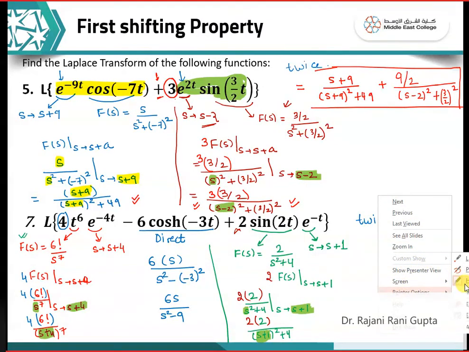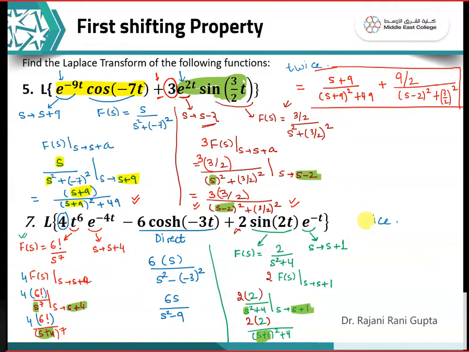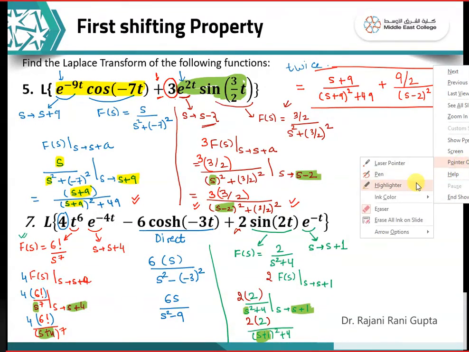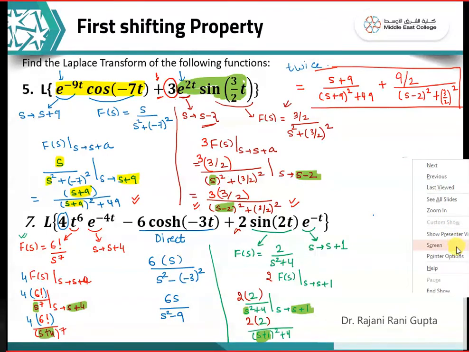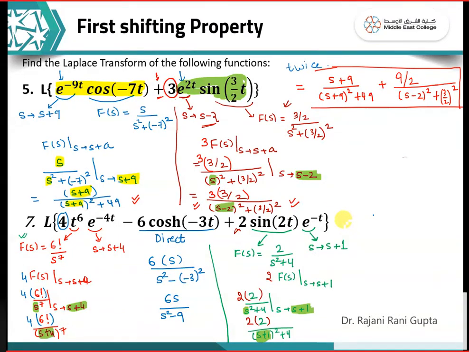Okay. So now we have the answer for each term. So let's write the final answer. Solution of the first term, which is 4 times 6 factorial over (s plus 4) to the power 7. Now in between first and second, the sign is minus.